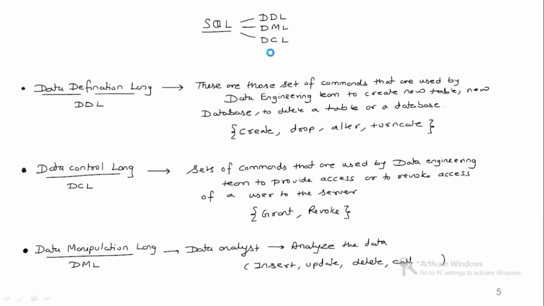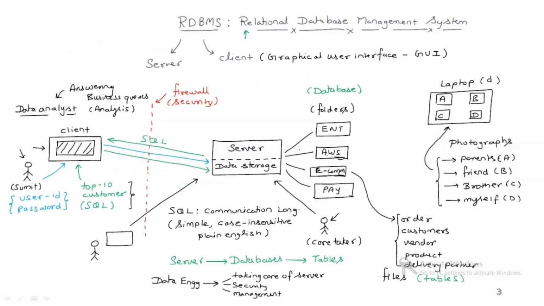Before we can write a simple SQL query, we have to understand one thing. As we already know, in a database we have multiple tables: table 1, table 2, table 3. But you need to understand that in a data center or a server, you will have multiple databases, right? So this is my server. In this server, this is my DB1, this is my DB2, and so on.